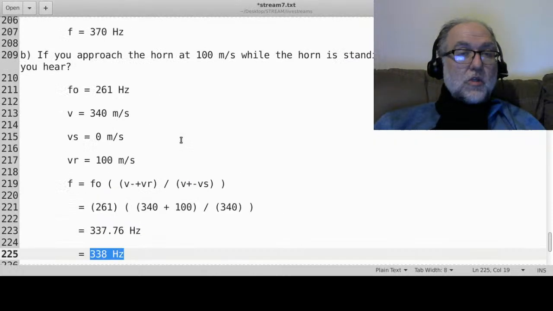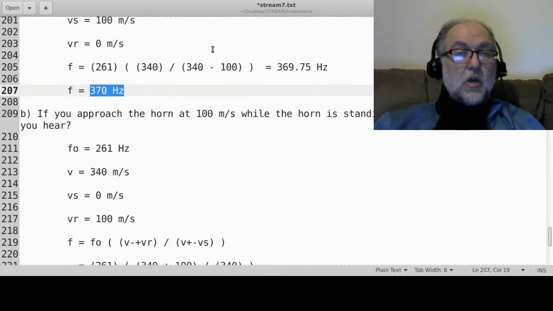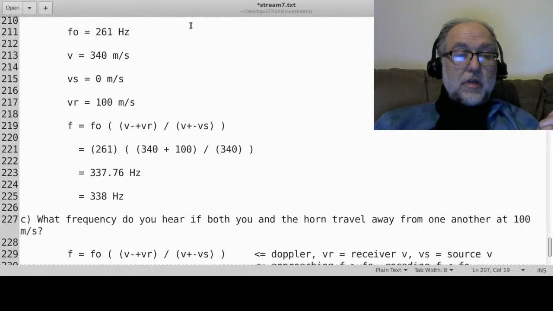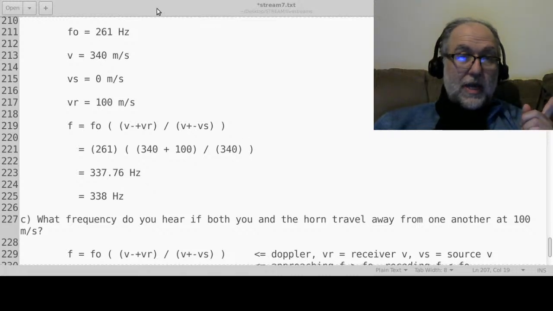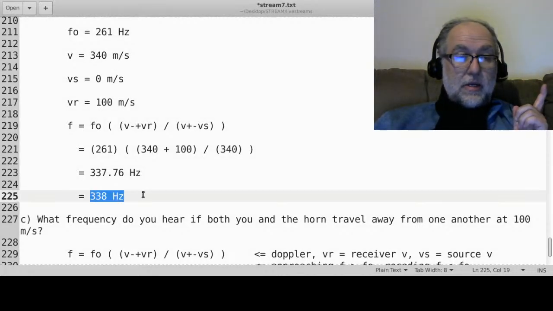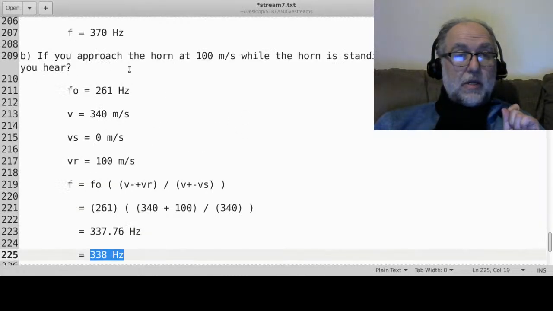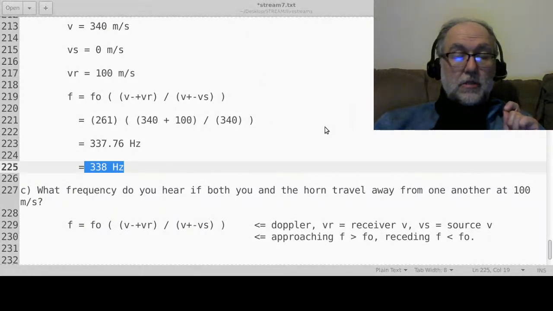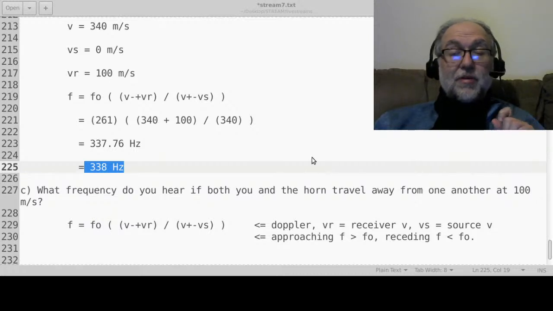When the source, the horn, was moving towards you and you're standing still, we got 370. However, if the horn is standing still and you approach it, it's less: 338. So the Doppler effect in air is asymmetrical that way.